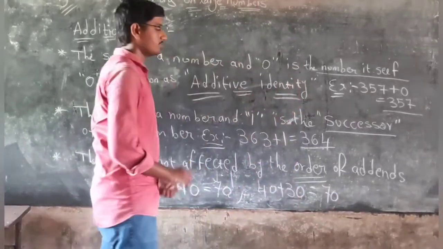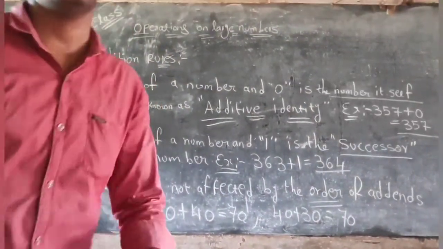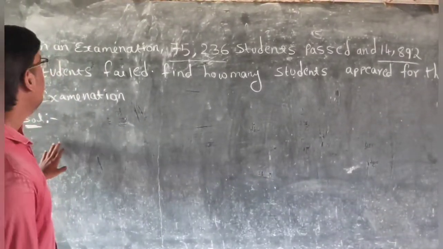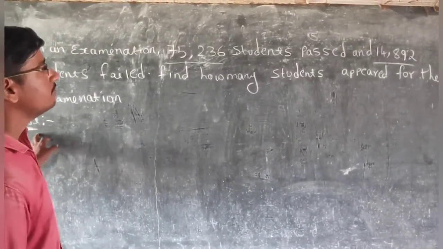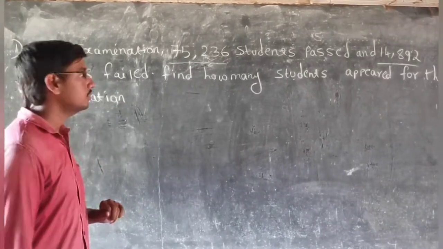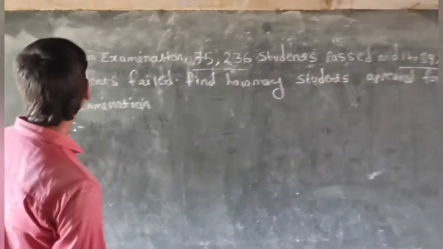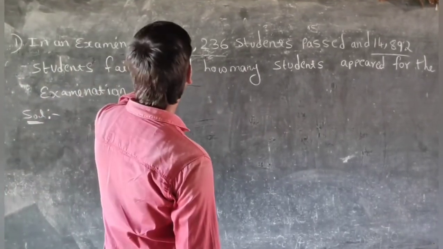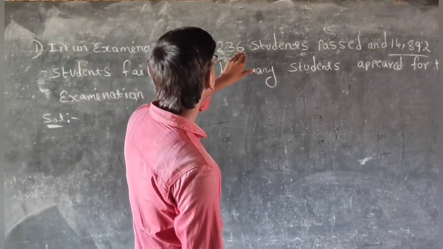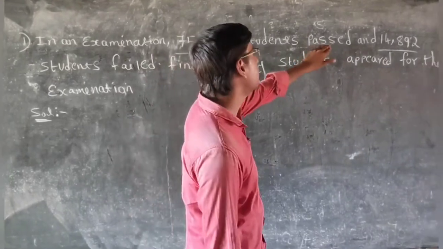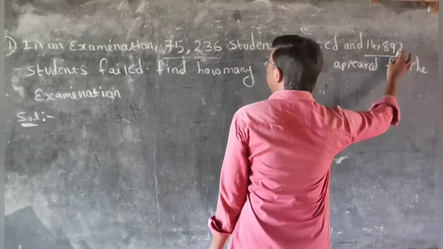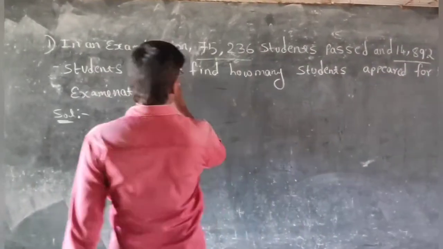Okay, students. Let us solve the word problems based on addition. The first problem: in an examination, a total of 75,236 students passed and 14,892 students failed.